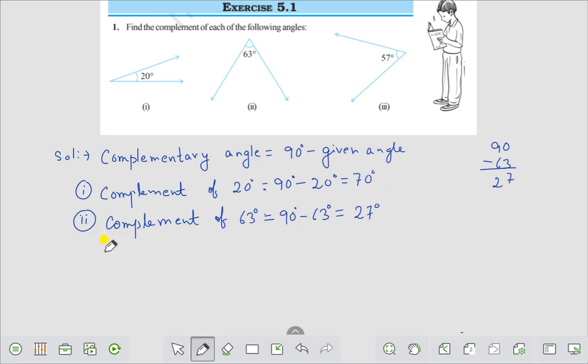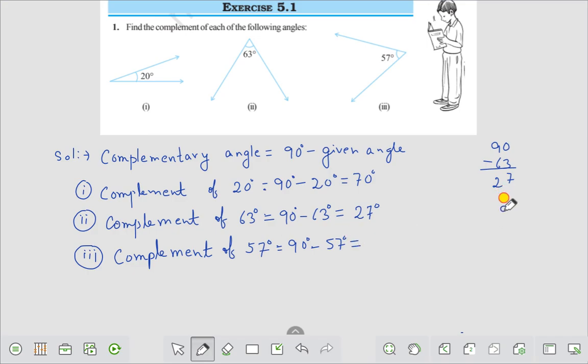Right? Now, question number 3 is complement of 57 degrees. The complement of 57 degrees is equal to 90 degrees minus 57 degrees.